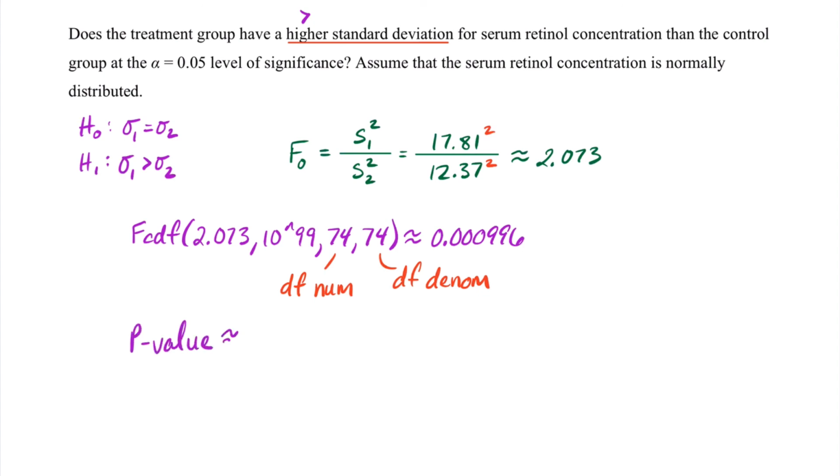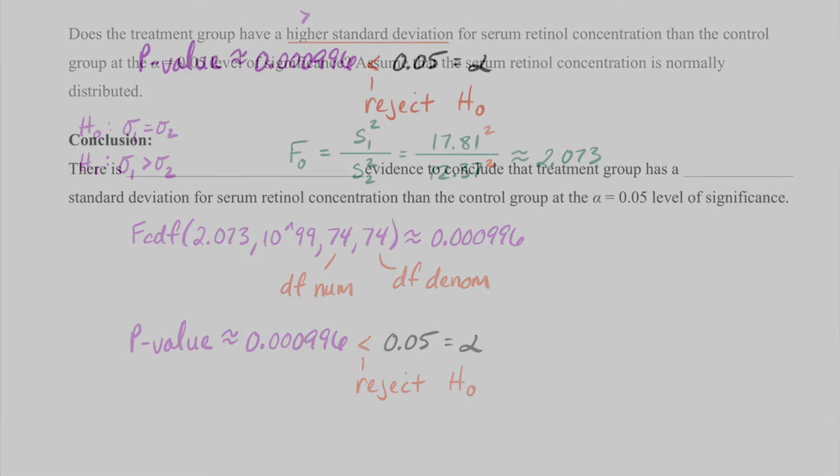And that means we have our p-value, that is that value of approximately 0.000996. We know to compare that to our alpha of 0.05, and we are quite clearly less than alpha, and we know that means we get to reject our H0. And that of course takes us to our conclusion.